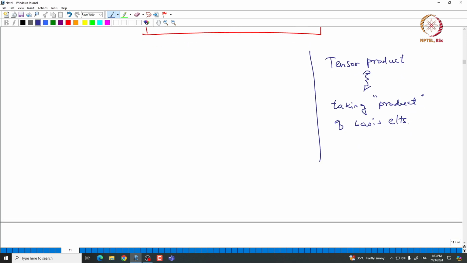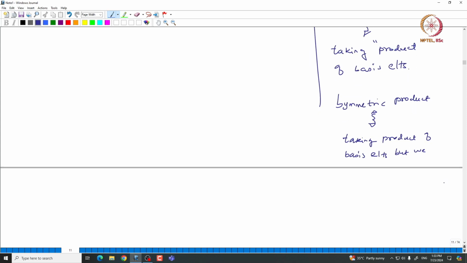The symmetric product is going to be again taking products of basis elements, but we just assume all the variables commute.